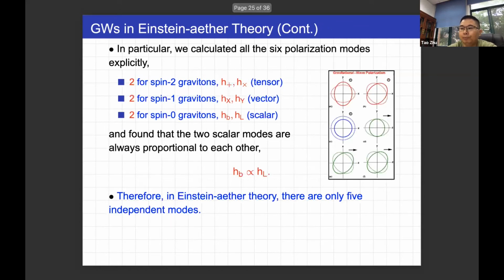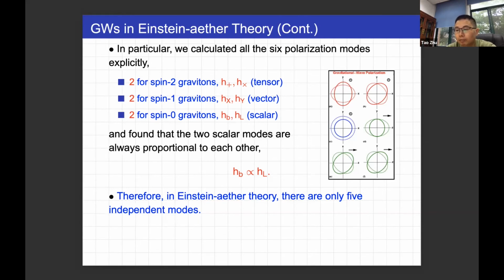First of all, we calculated all the 6 polarization modes of gravitational waves explicitly. That includes 2 tensor modes, 2 vector modes, and 2 scalar modes. And we find that the 2 scalar modes, the breathing mode and the longitudinal mode, are always proportional to each other.